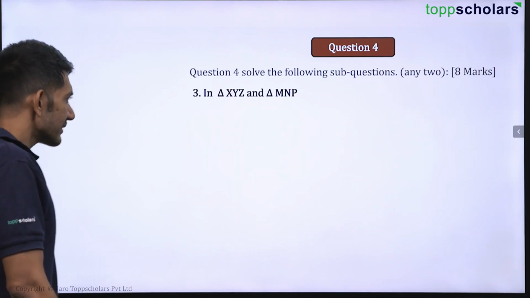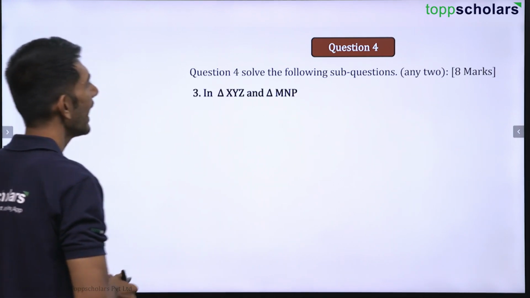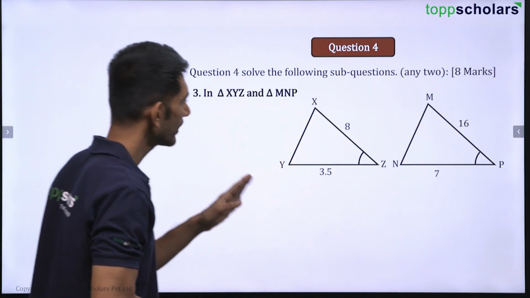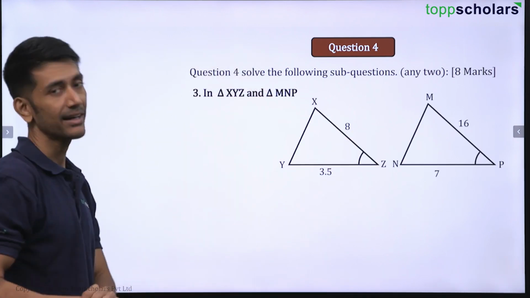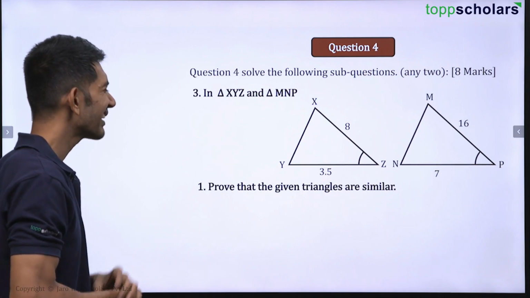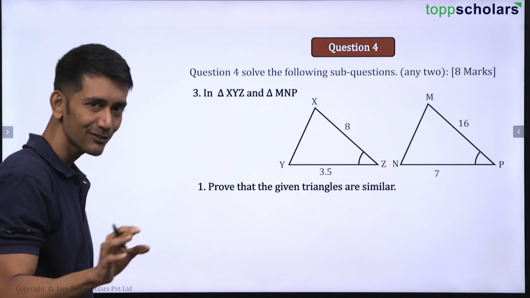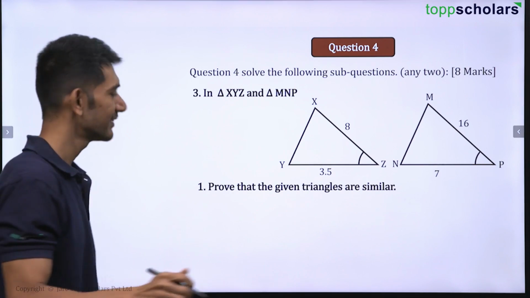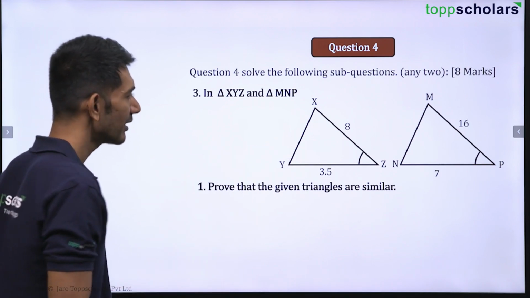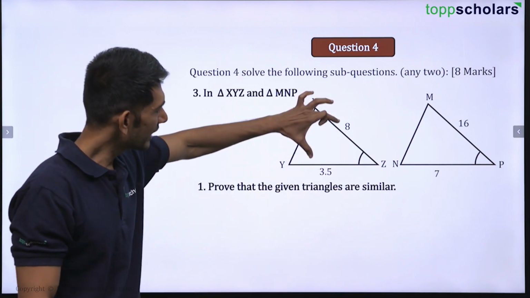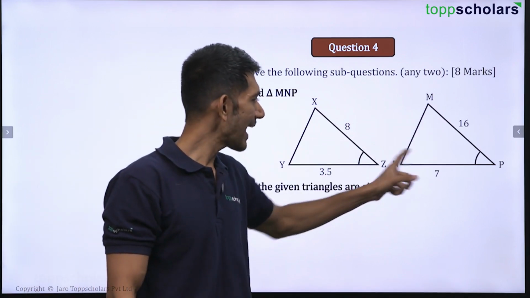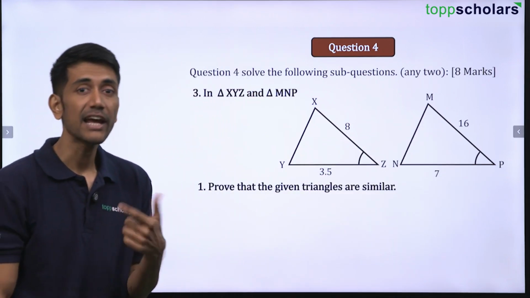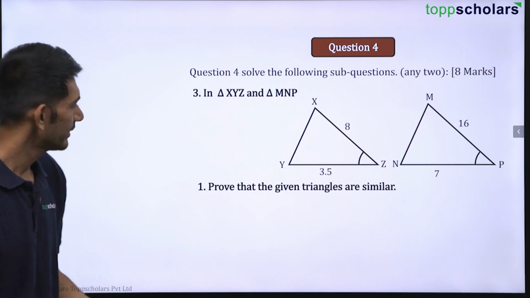The next question says, in XYZ and MNP, there are two triangles, triangle XYZ and triangle MNP. Prove that the given triangles are similar. Now come on, this is a very simple question, the first part at least. You're supposed to prove the two triangles are similar, and obviously you know there are two sides given and one angle given. That means definitely we will try for side angle side, right?